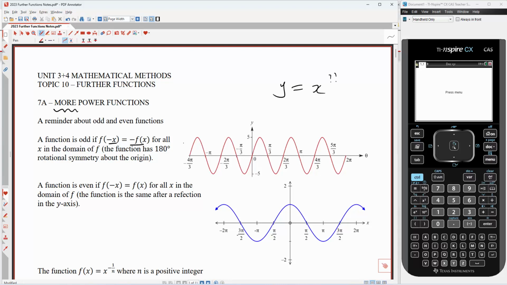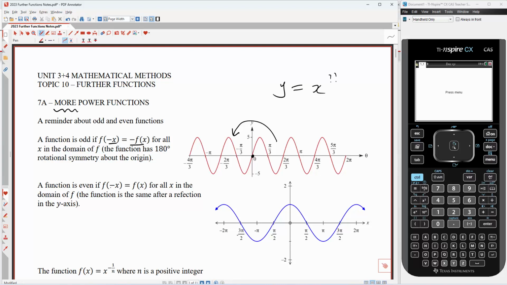It's also called having rotational symmetry 180 degrees around the origin. So imagine this graph here. If I put a pin here and rotate it 180 degrees, this bit here will end up down here. So it has rotational symmetry. So that's an odd function.